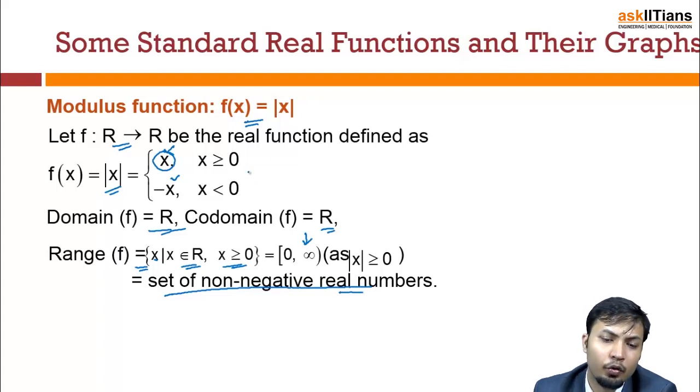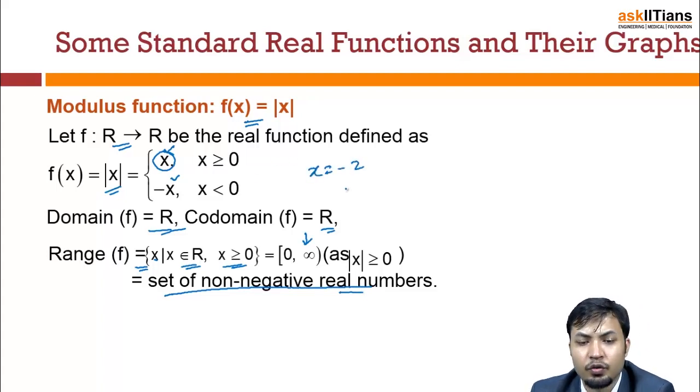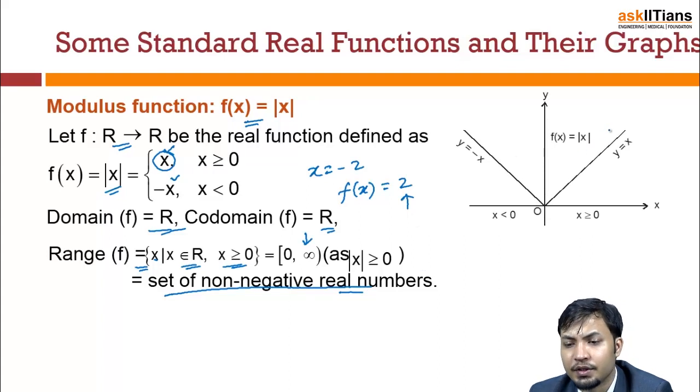So no matter if you put x equals minus 2, my f(x) will be equal to 2, right? So no matter what the input is, the output will always be positive. So this is the graph. You see, you put any input, even if it is negative, x is in the negative direction, but my y will always be in the positive direction. That is, my output will always be in the positive direction. And since this is already positive, it will be positive itself.